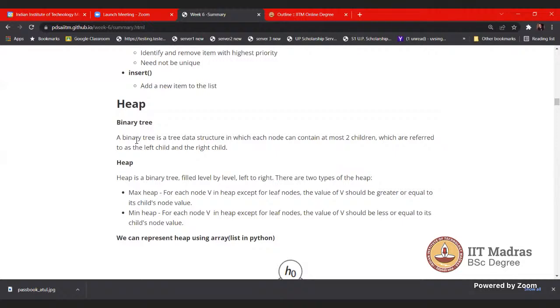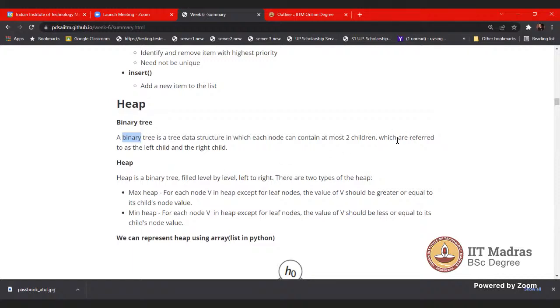The name binary represents 2 values, 0 and 1, and the same thing we are considering in the tree. So we can take a maximum of only 2 children. Any node can have 0 children, 1 child, or a maximum of 2 children. That type of tree is called a binary tree.